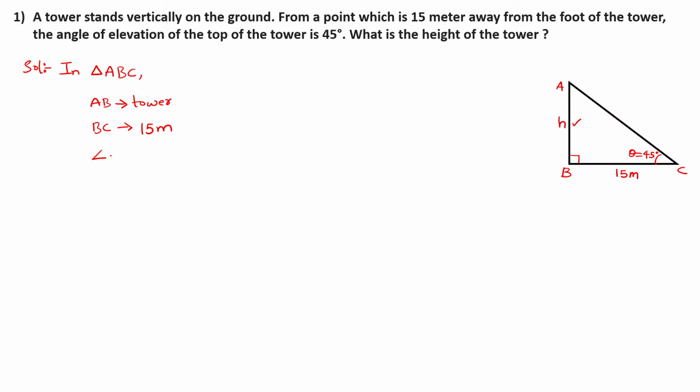Now the angle of elevation, the name of the angle is C. Angle C is equal to 45 degrees, which we assume as acute angle theta. Now with respect to this acute angle theta, we can say that AB is the opposite side, right? That I write here, with respect to theta, AB becomes the opposite side.